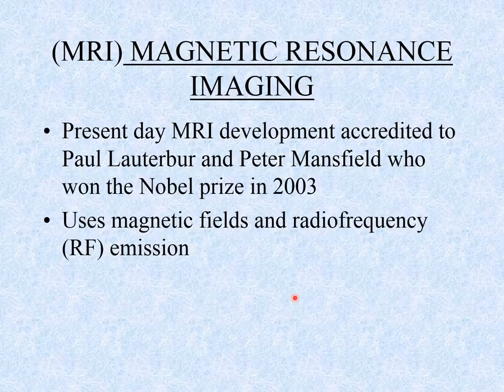In 2003, the Nobel Prize was awarded to Lauterbur and Mansfield, who developed the MRI, magnetic resonance imaging. It uses magnetic fields, avoids ionizing radiation, and it induces a magnetic force on the body and then disturbs that magnetic force briefly and measures the radio frequency emission from molecules that have been initially aligned.